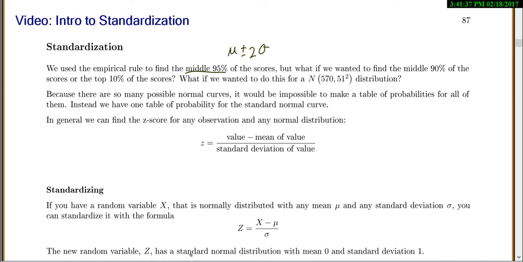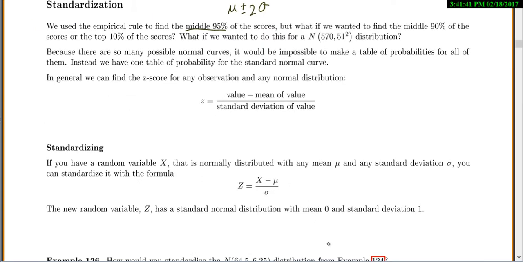Our new random variable z has a standard normal distribution with a mean 0 and standard deviation 1. That's what you need to memorize: z has a mean 0, standard deviation 1, so the variance is 1 squared.